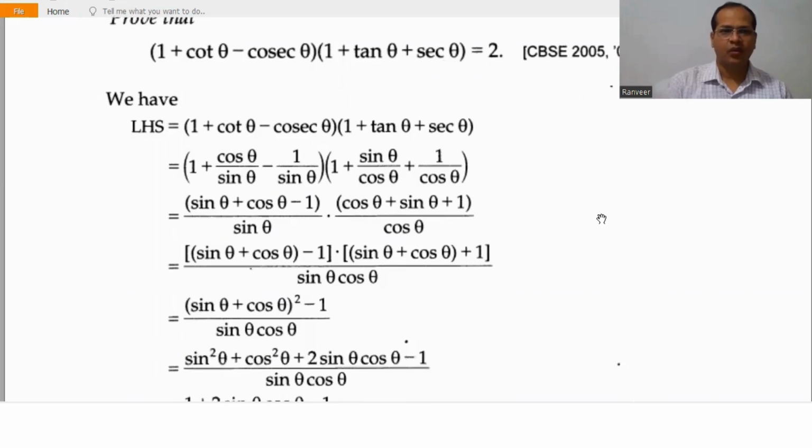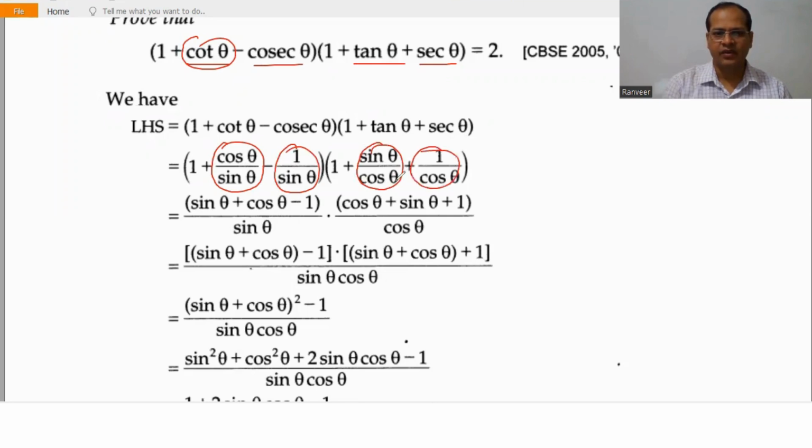Now 1 plus cot²θ, cosec²θ, 1 plus tan²θ, sec²θ. Now in this, first of all, convert cot²θ as cos²θ by sin²θ, cosec²θ as 1 by sin²θ, tan²θ as sin²θ by cos²θ, and this is the value. Now after that, just taking the LCM, this is sin²θ, this is the value 1, that is nothing but 1 into sin²θ is sin²θ, this is cos²θ minus 1, cos²θ plus sin²θ plus 1.